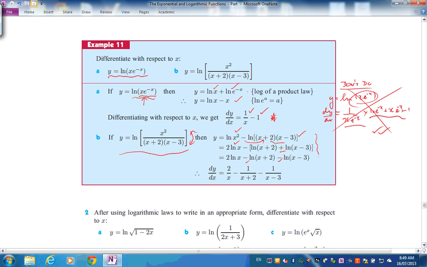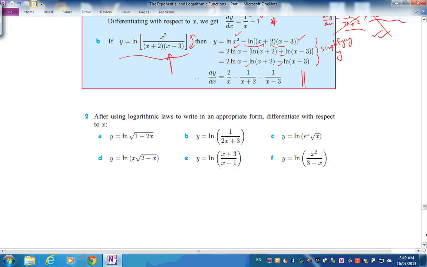So all of this is simplifying y first, and then you do the final differentiation, because this would be a big mess to do 1 over that and then multiply by the quotient. Too hard.